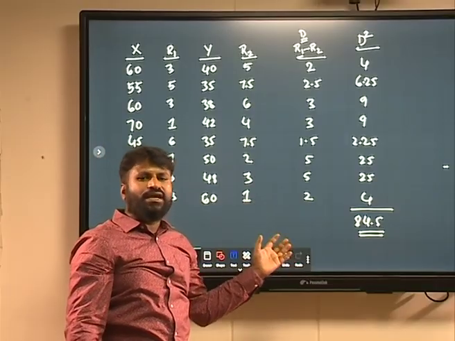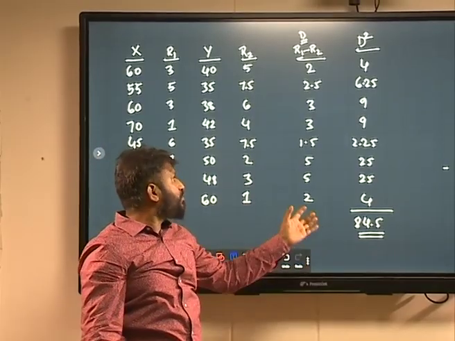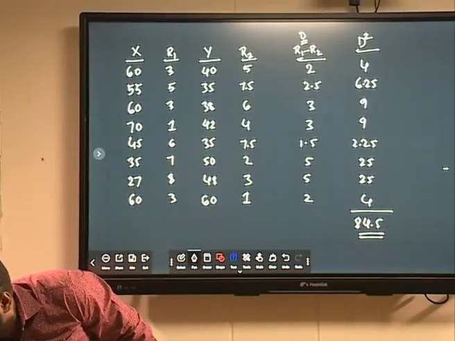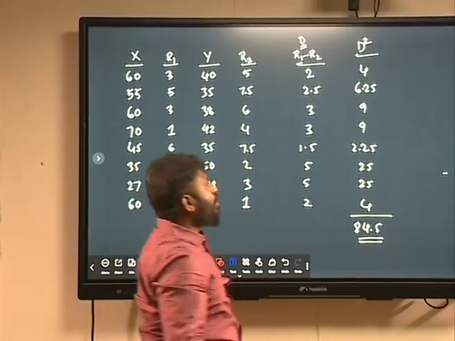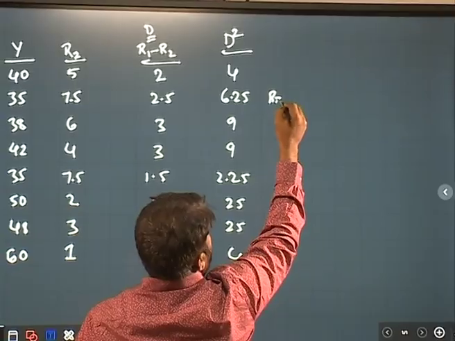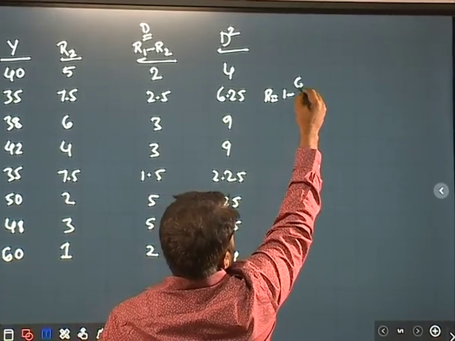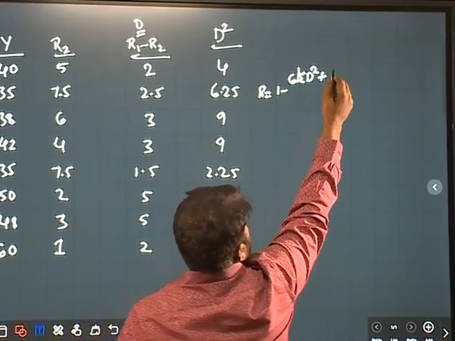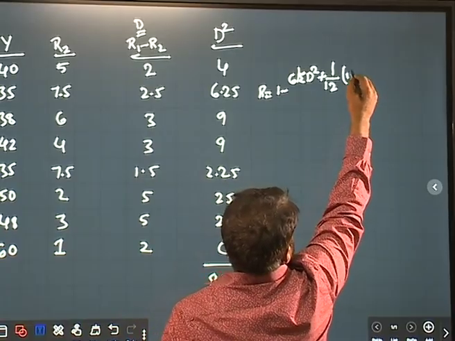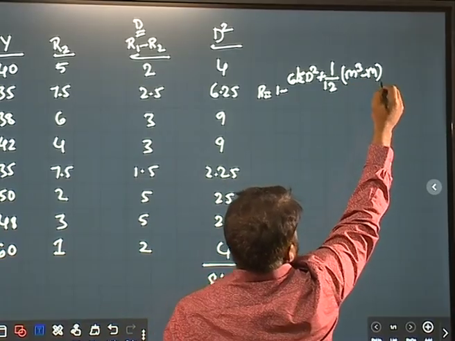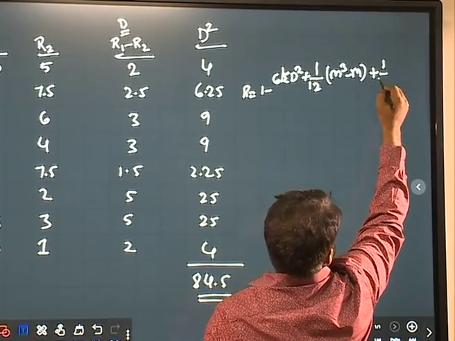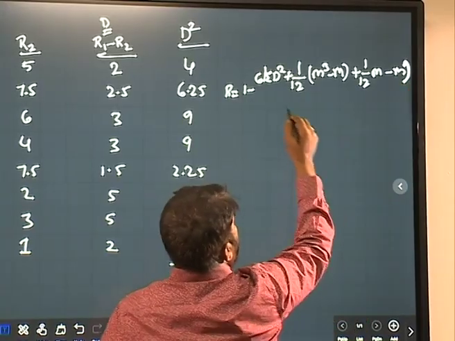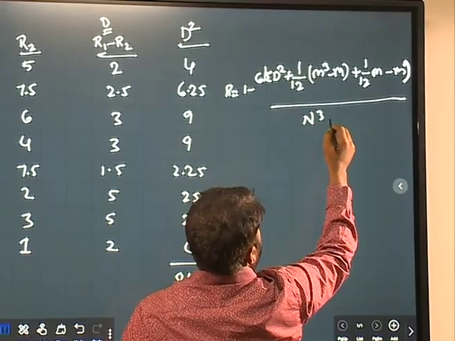Now when the ranks are equal, this is a different problem. So here the formula is different. The formula is r is equal to 1 minus 6 into sigma d square plus 1 by 12 into m cube minus m, plus 1 by 12 into m cube minus m, as many times as needed.